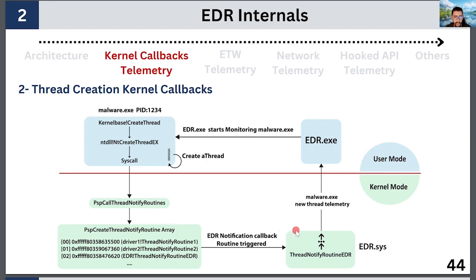The collected telemetry is then sent to this EDR.sys and forwarded to EDR.exe, the user mode process, for further analysis, or reaching to the ETW session that the EDR.exe is consuming from.